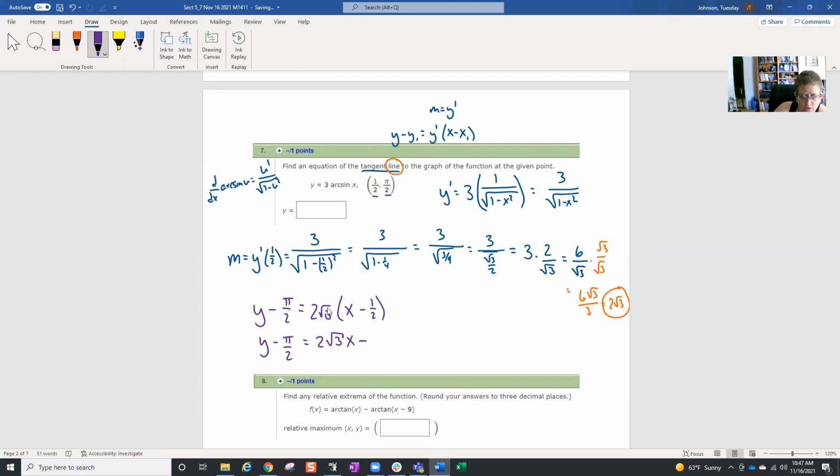Minus 2 somethings times a half will be just that something. And when I write it in here, 2 square root of 3 x minus square root of 3, I'm just going to write it as plus pi over 2. That's exactly how I'm going to write it. Maybe I'll write it bigger over here so you can all actually see it. And the y equals is on the outside.